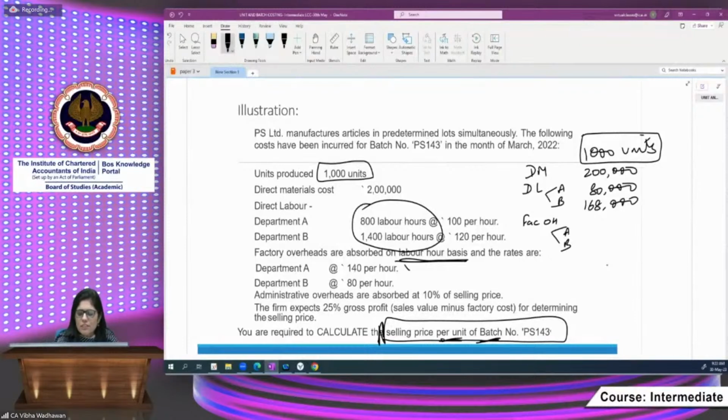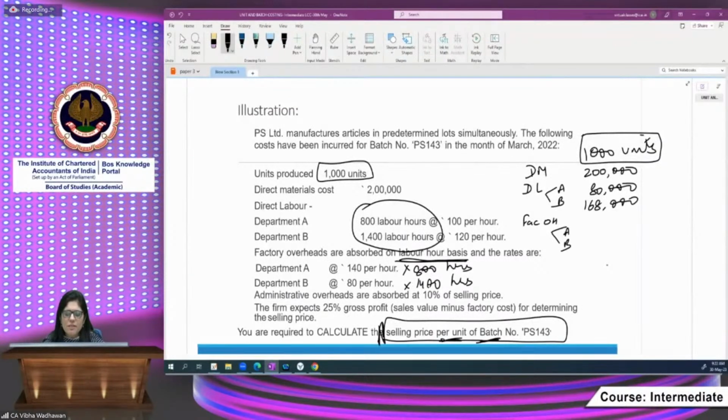So 140 into 800 hours for department A, and 80 per hour into 1,400 hours for department B. Labor hours are given to you, and factory overhead absorption rate is also given to you.